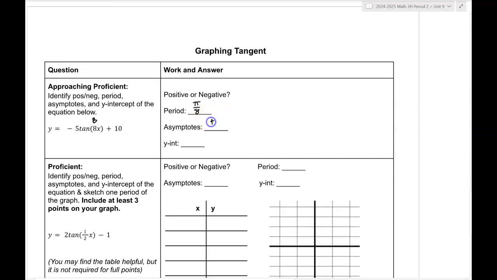And then our asymptotes are plus or minus pi over 2b. So it's going to be plus or minus pi over 16. All right, and then our y-intercept is our k value. So we're going to be at 10. All right, next one.